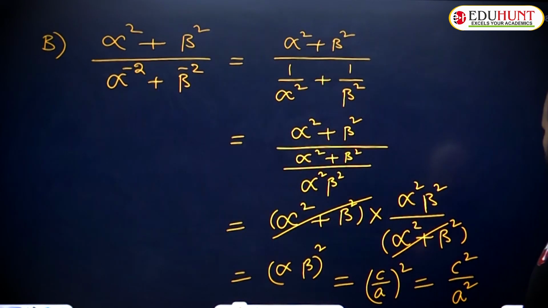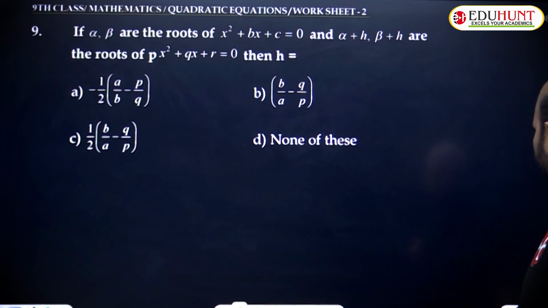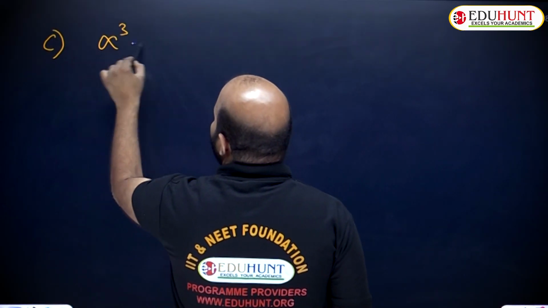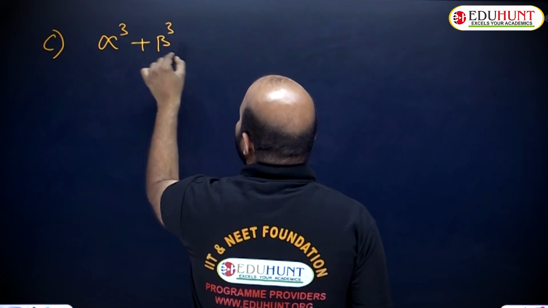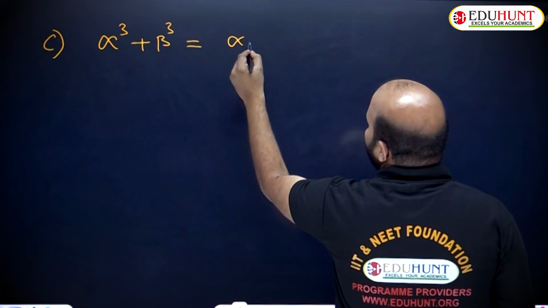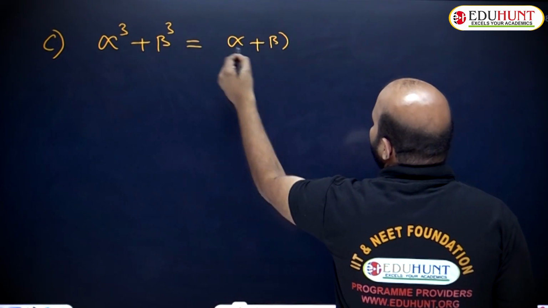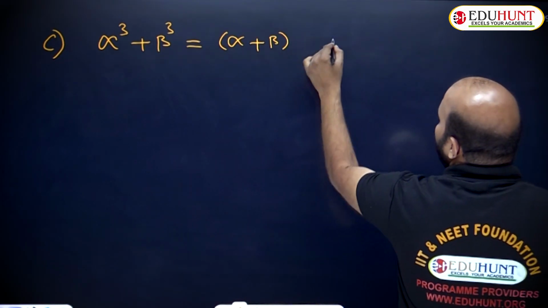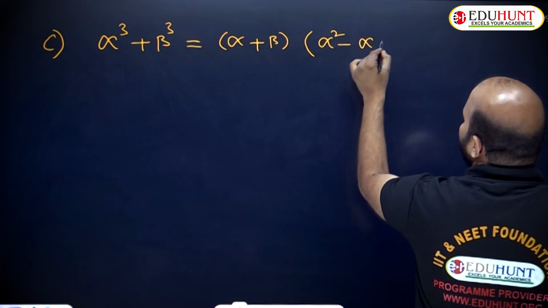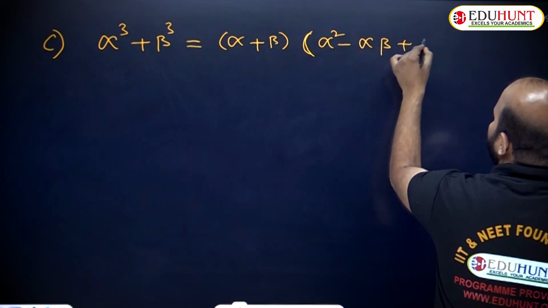What am I given? C: alpha cube plus beta cube. So, this is just like the a cube plus b cube formula. It can be expressed as alpha into beta into alpha square minus alpha into beta plus beta square.